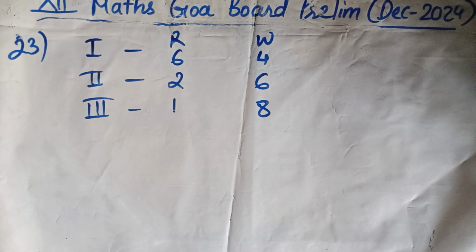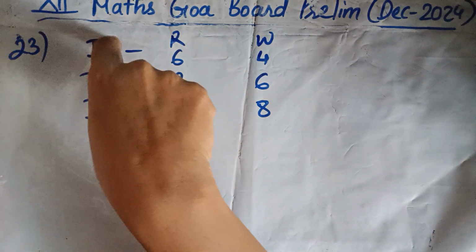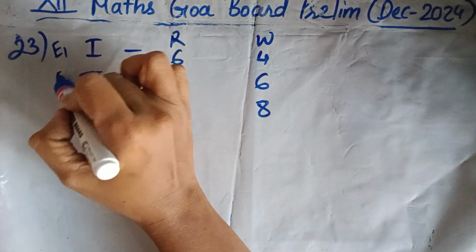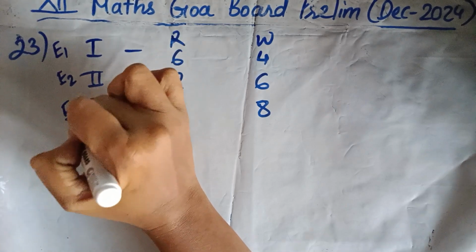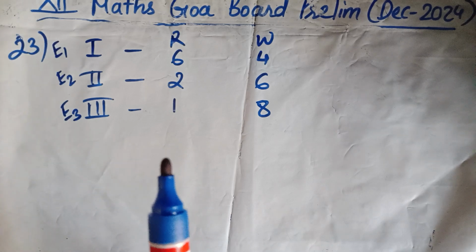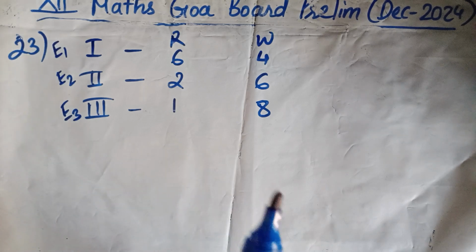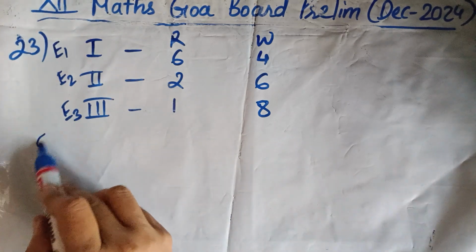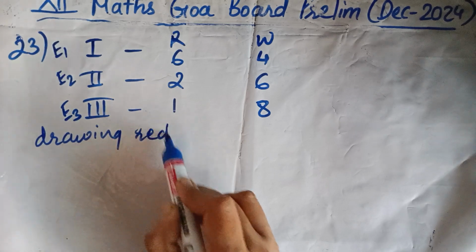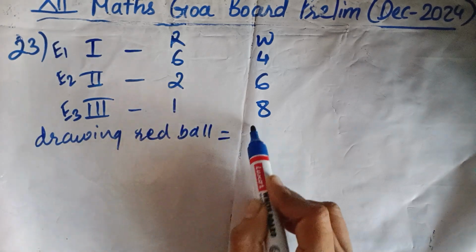So these are our events E1, E2, E3, that the ball is drawn from each urn. The ball drawn being a red ball becomes our event A.